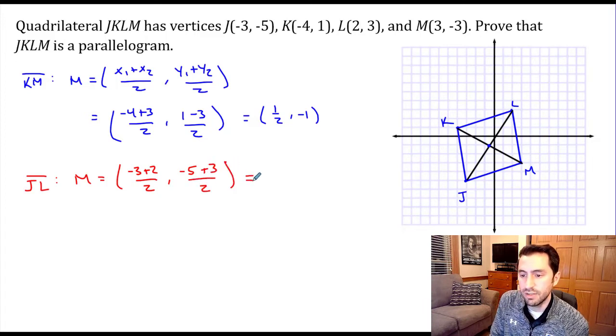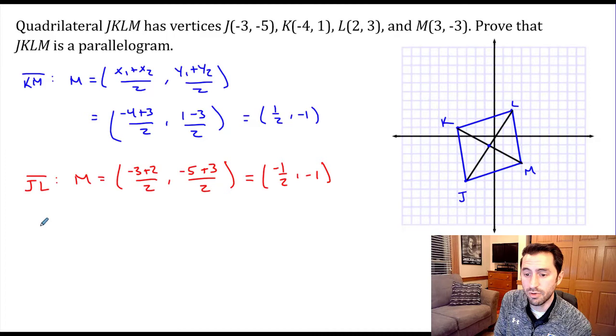And then simplifying this, -3 plus 2 is -1. Over 2 is going to be -1/2. And then -5 plus 3 is -2. Divided by 2 is -1. So the midpoints are equal to each other, which means the diagonals bisect each other, which means that this is a parallelogram.